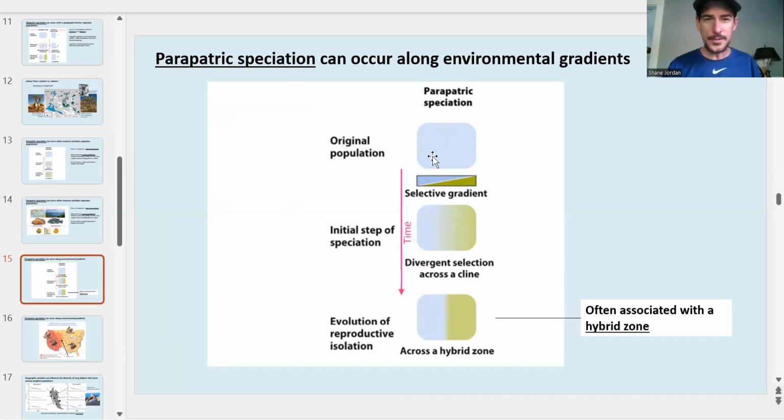And so along these gradients, we can see different populations starting to diverge. We might start off with some original population again, where there's no gradient, but then a gradient arises for whatever reason. And so we have this environmental gradient of some environmental factor being low here and high here, or vice versa.